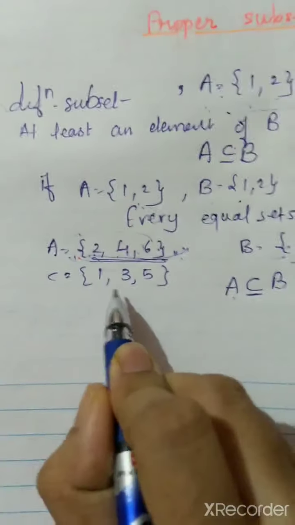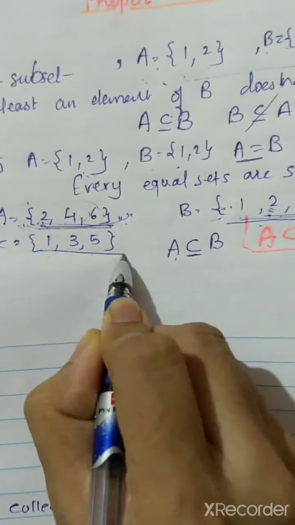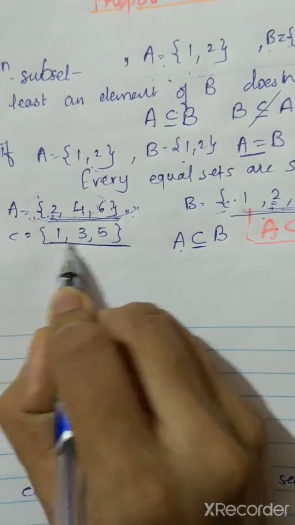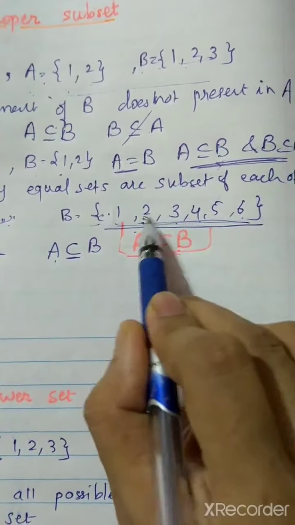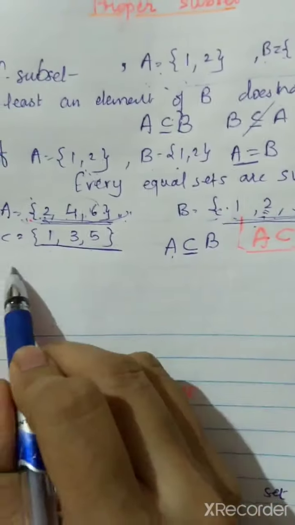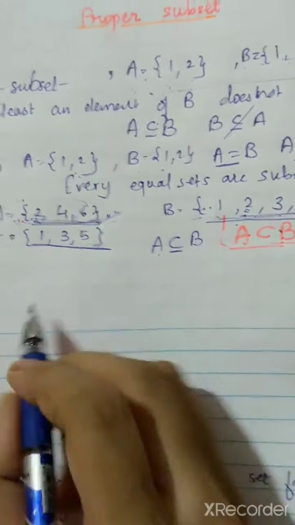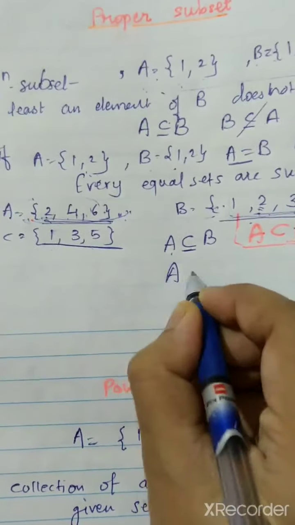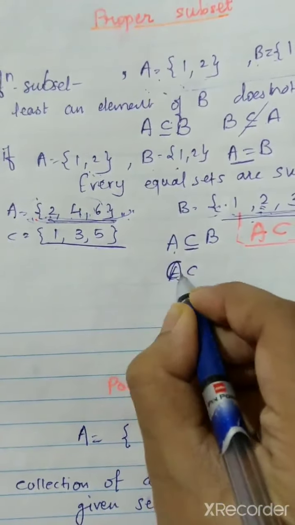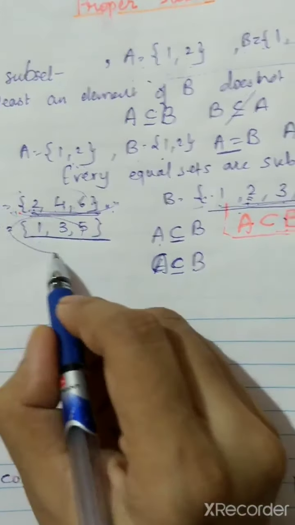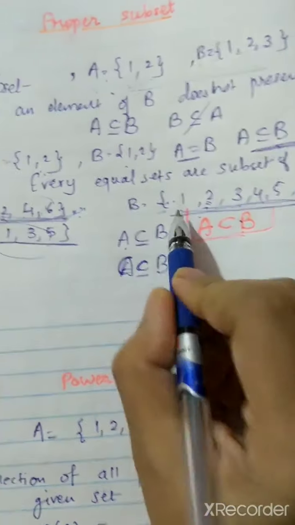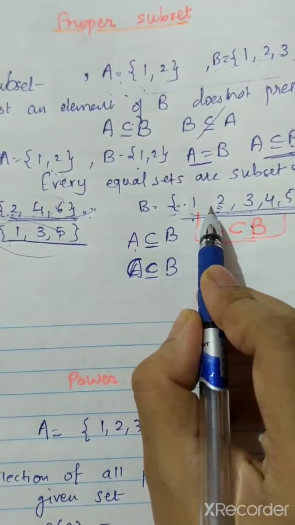See a set C: 1, 3, 5. So every odd number is there. Now in B we have 1, 2, 3, 4, 5, 6. Where 1, 3, 5 is there? Yes or no? So that means here also C is subset of B. Every element of C is present in B, and that has some relation, right?